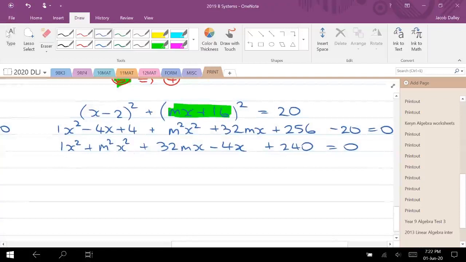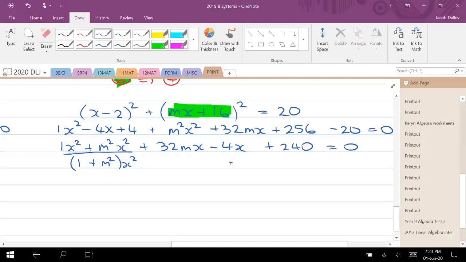So what we want to do now is pull out a factor of x squared and make a bracket. In that bracket, for what's left over for the first term to multiply to x squared, it might not seem like there is anything, but actually you multiply 1 by x squared to get x squared. For the next part, you've got m squared multiplied by x squared. So if you expanded this bracket out, you'd get these two terms.